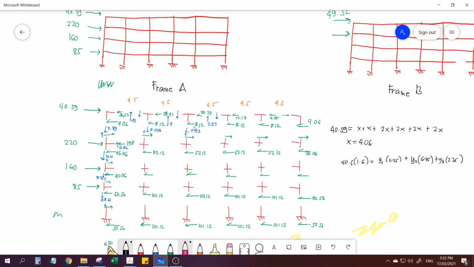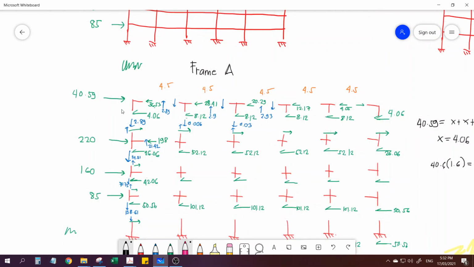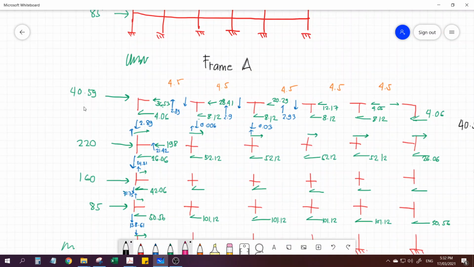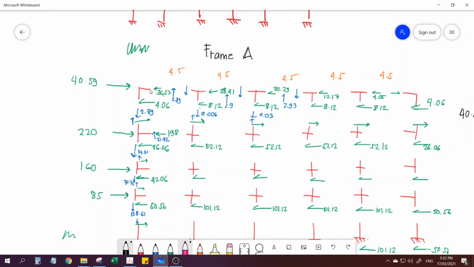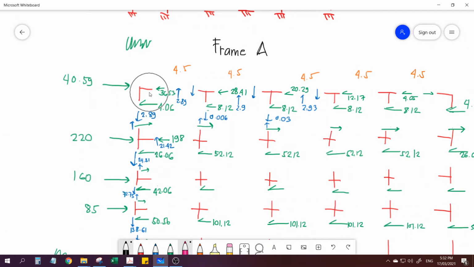So, 8.12. Yeah. And by ano lang to, no? By equilibrium, makukuha nyo na yung per joint, no? Per joint, makukuha nyo na yung shear and axial. So, halimbawa, 4.06 to get the axial here, 40.59 minus 4.06, 36.53.